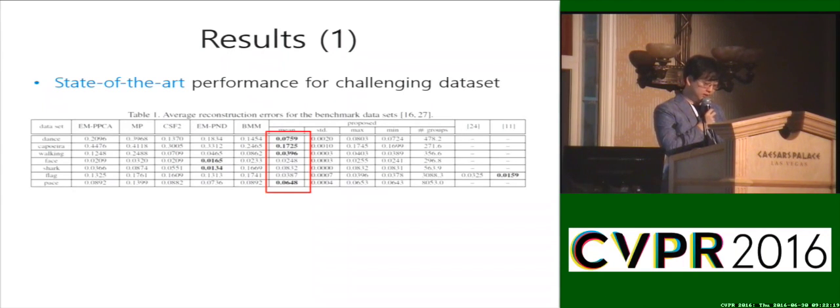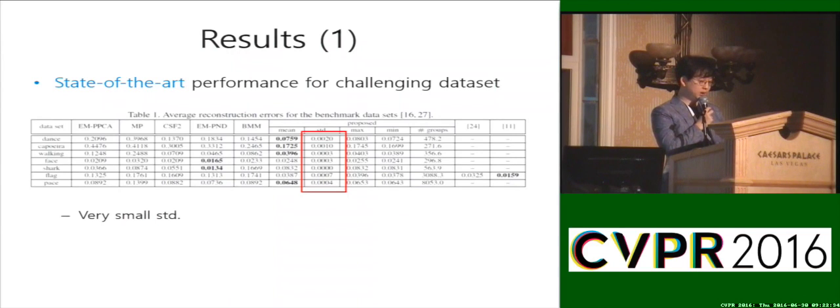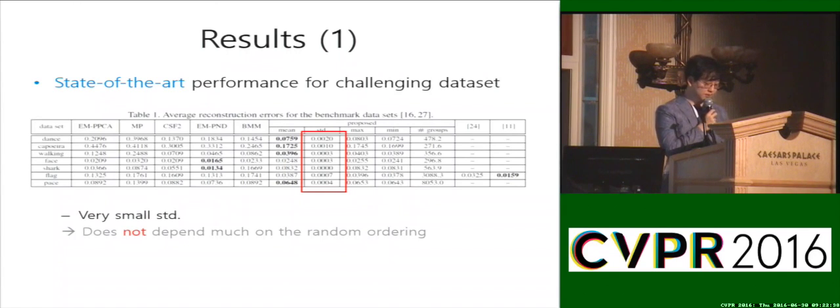Because of that, the global method at once can be good. But overall, the proposed algorithm gives regular results. It shows that the performance of the proposed method has a very low standard deviation, robust under different random orders.